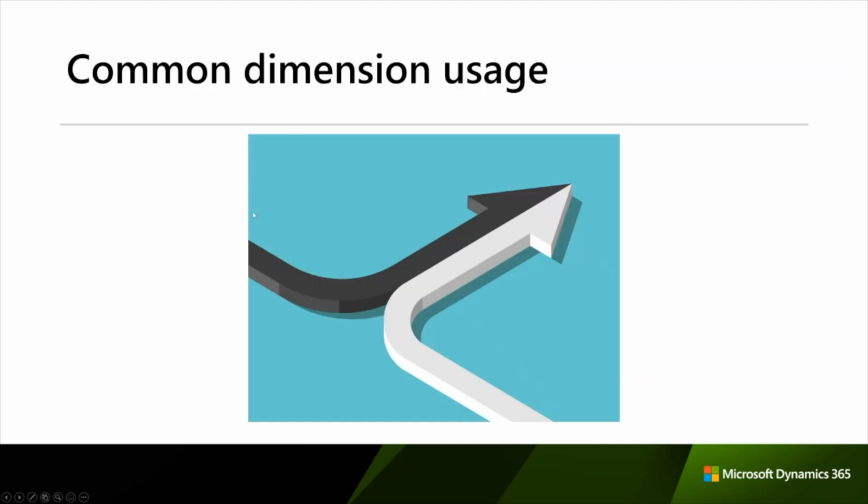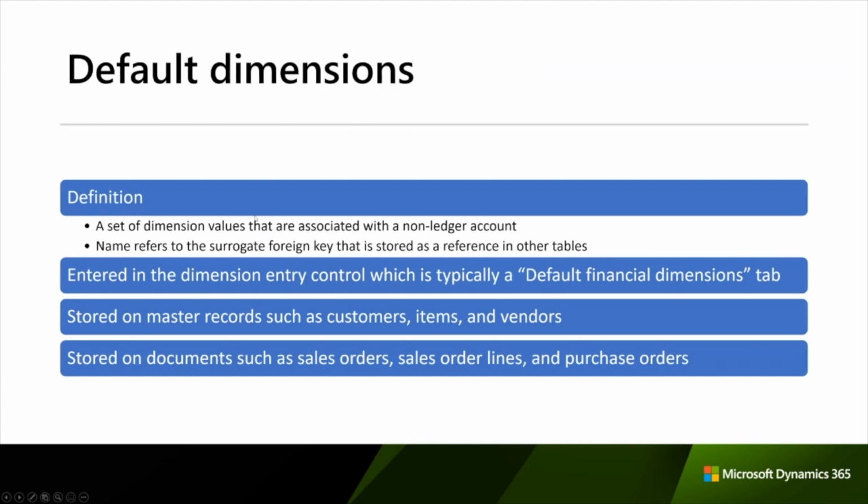The 2 most common types of dimension usage are default dimensions, which is the set of dimension values that are associated with a non-ledger account. The name default dimension refers to the surrogate foreign key that is stored as a reference in other tables. These are entered in the dimension entry control, which is typically a default financial dimensions tab.